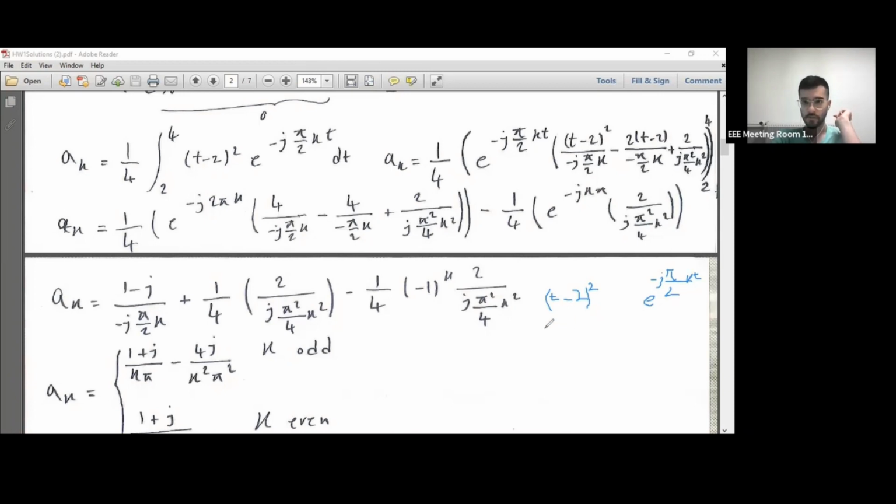So here we will have 2 times t minus 2. Then another one is 2t minus 4, which the derivative of this one will be 2, and other one should be 0.